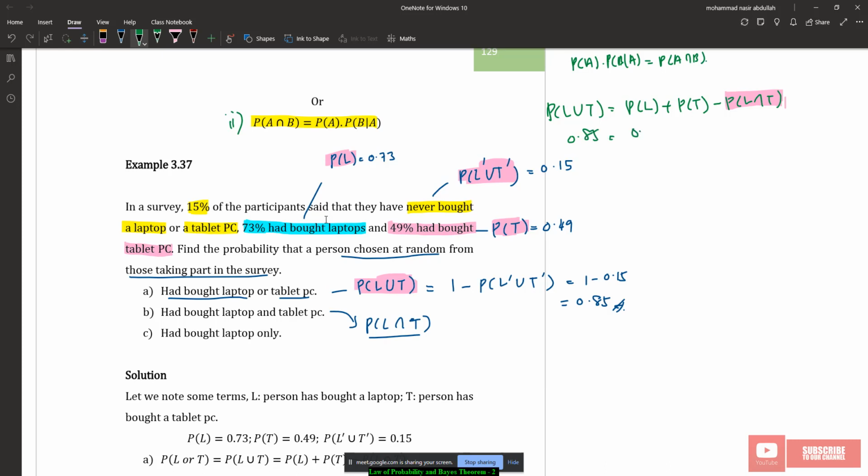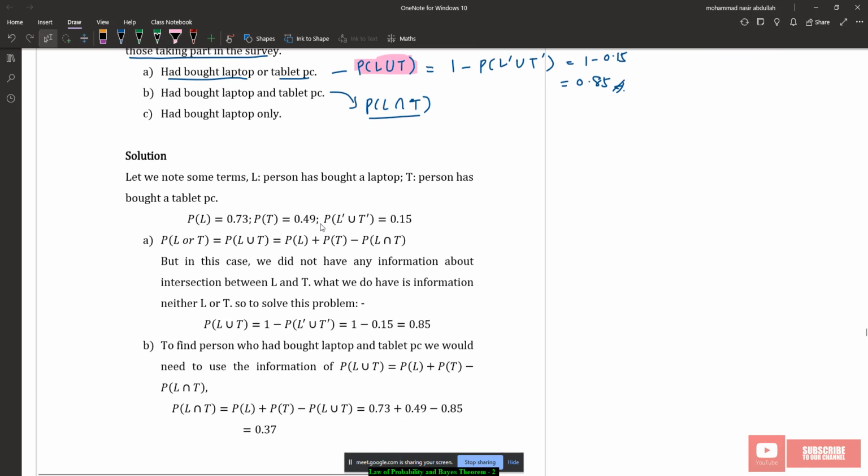Probability of L is 0.73. Probability of T is 0.49 minus probability of L intersect T. So you can do a manipulation. Probability of L intersect T should be equal to, you bring all these together, bawa ke sana, and you should get berapa dekat bawah ni?